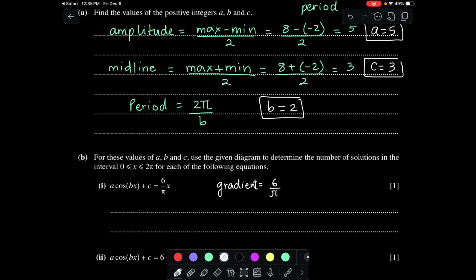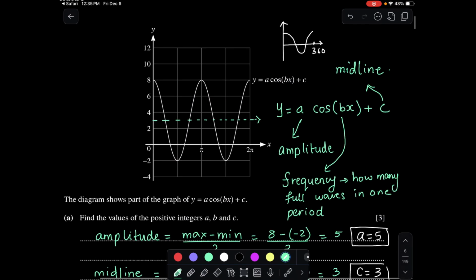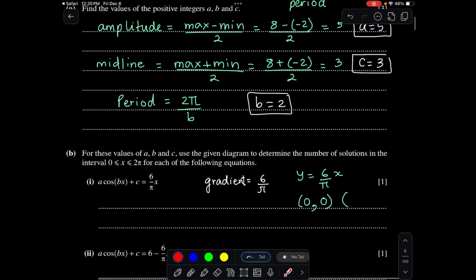Draw a line. So we have the equation y equal to 6 over pi x. Let us choose a first point, x is 0. If x is 0, y is also 0. Let us choose another point, it could be any x value you like. I'm just going to use pi because that's easy.